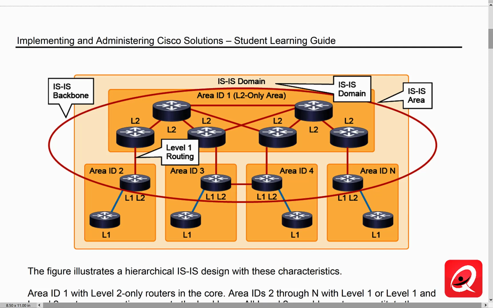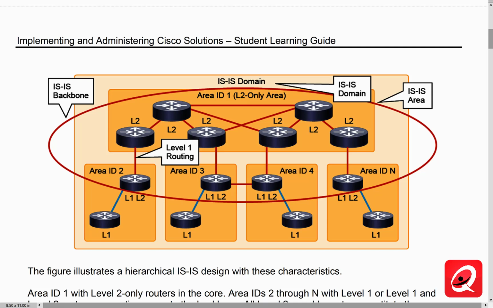Every single link in that area is L2, so that's going to provide some redundancy. If one of those routers were to fail, they do have the redundancy all the way within area 1. They don't really have any redundancy getting to the other areas, but that's not the point of this particular diagram. The point here is just to demonstrate that we have to have a contiguous L2 backbone. All right.